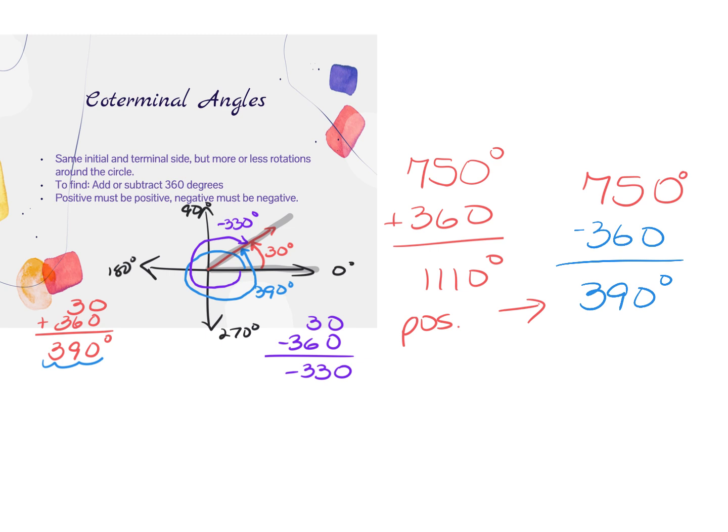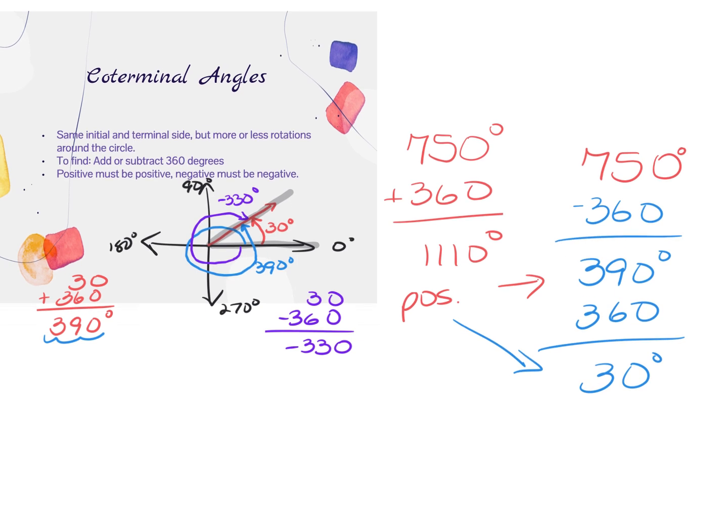To get the negative answer, I got to subtract 360 again, but I'm still at a positive answer. So I need to do it one more time to finally get my negative coterminal angle. So if your angle is really large, you may have to subtract 360 a bunch of times.